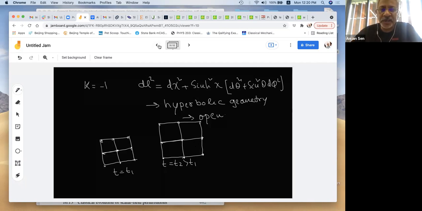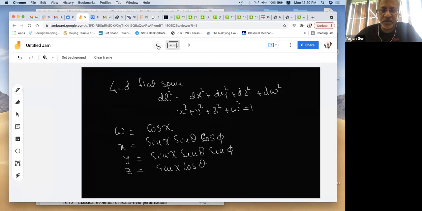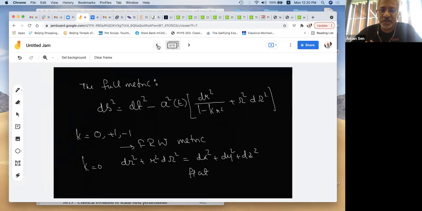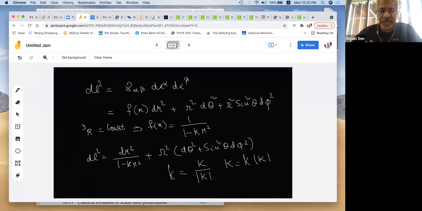Now, one thing I need to tell you, though I'm not doing the calculation. Let's say that initially I have this metric, where there is a k which has a dimension of 1 by length square, and with that there is a square t, fine.